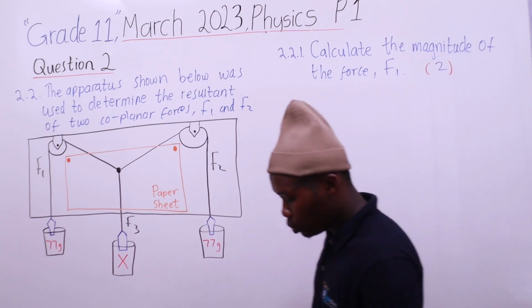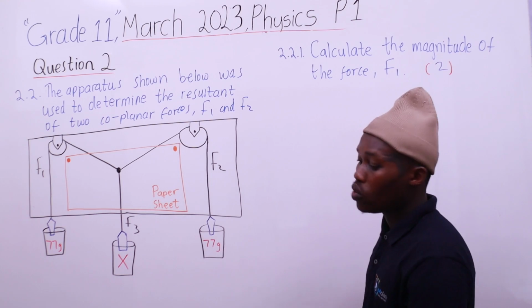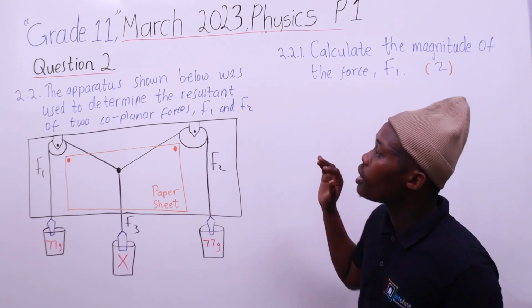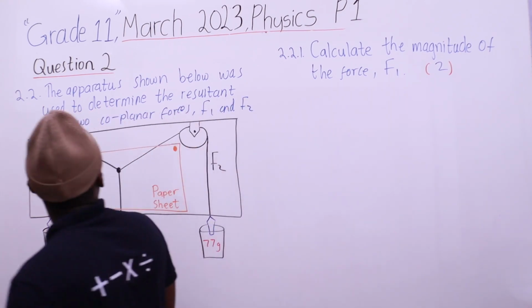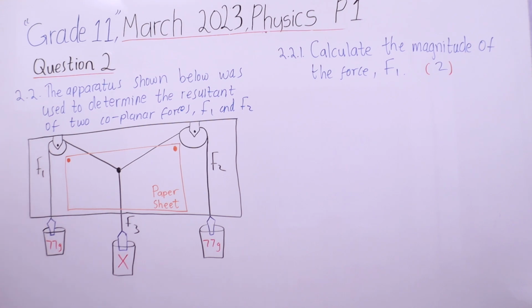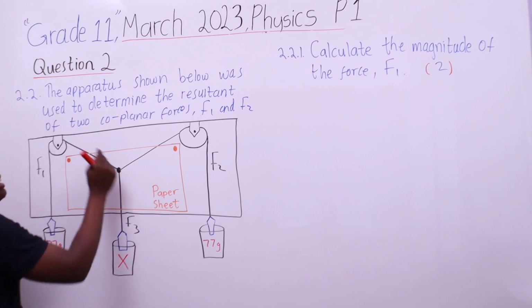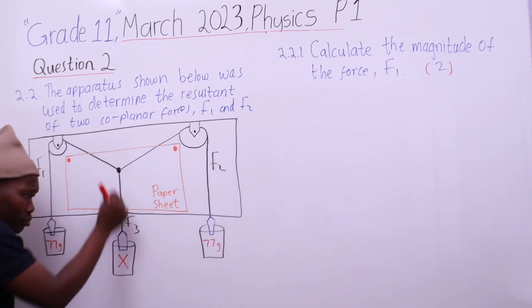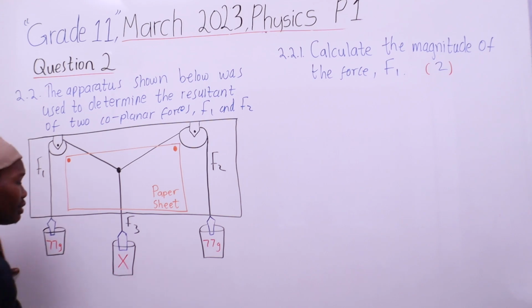Alright, now question 2.2. The apparatus shown below was used to determine the resultant of two coplanar forces. Coplanar forces are forces on the same plane, F1 and F2. Here we have pulleys, and then they put a string, and weights of 77 grams.